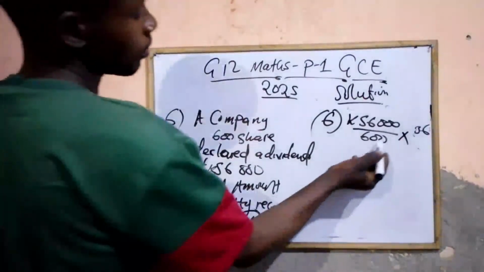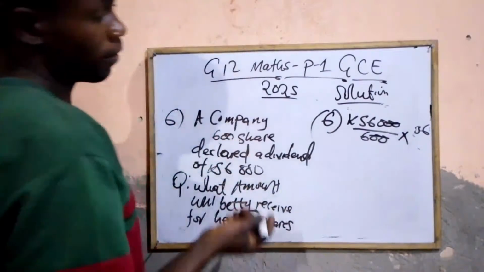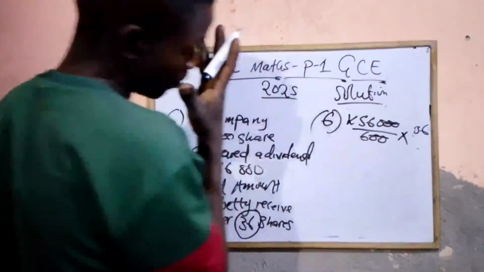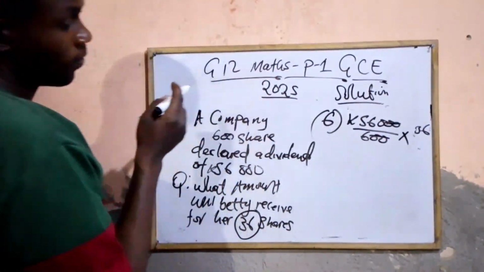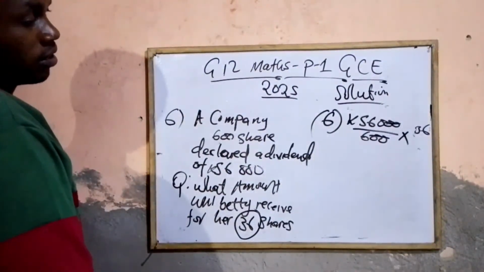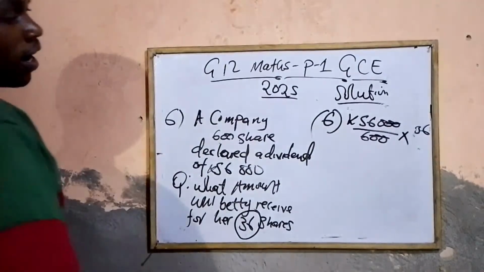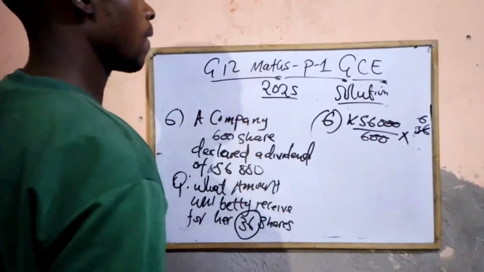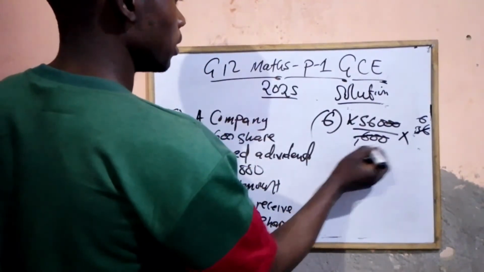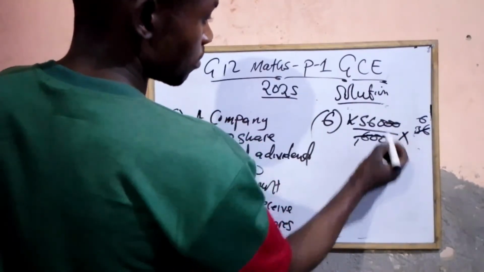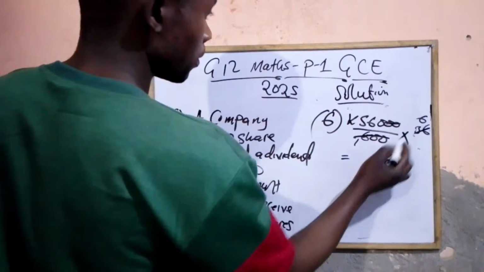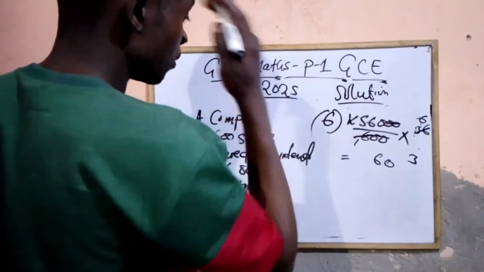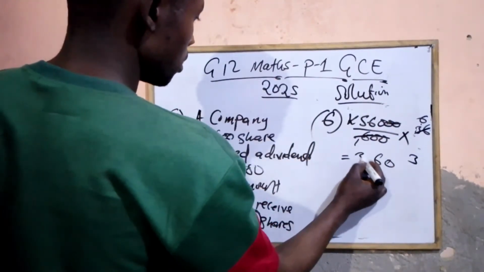And here, let's cancel these zeros. Because this is paper 1, there's no use of a calculator. What you have to do is reduce these numbers so that you may have the smallest digits in which you are going to have the right answer. So 6 into 36, it is 6. 6 times 0 is 0. 6 times 6 is 36, carry 3. 6 times 5 is 30, plus 3 is 33.